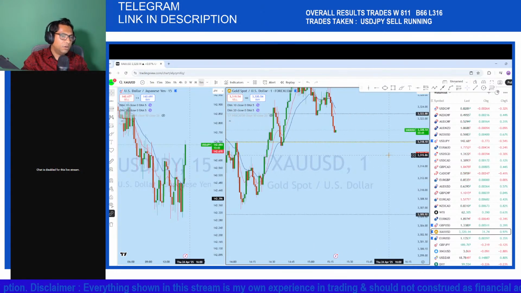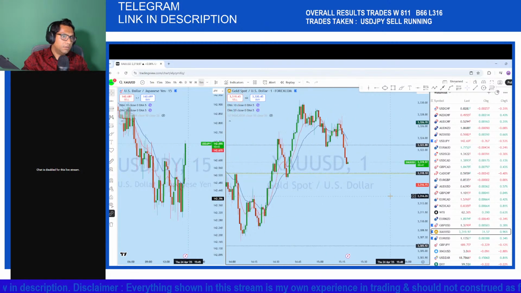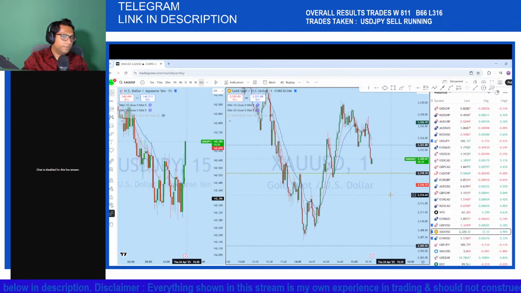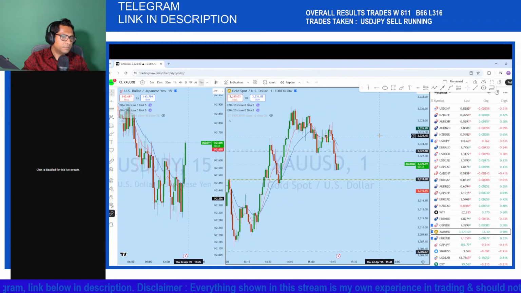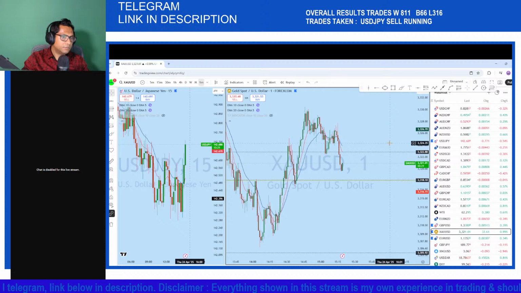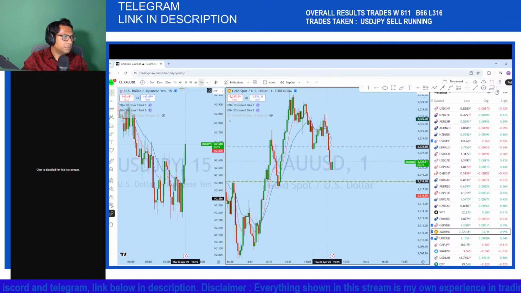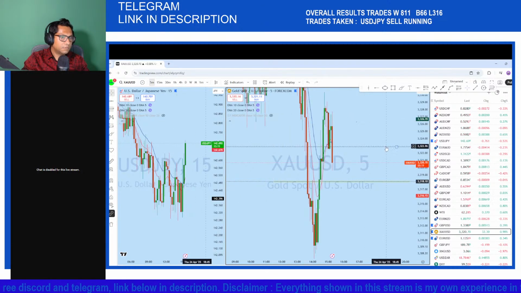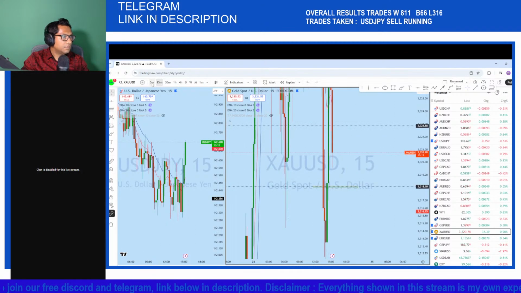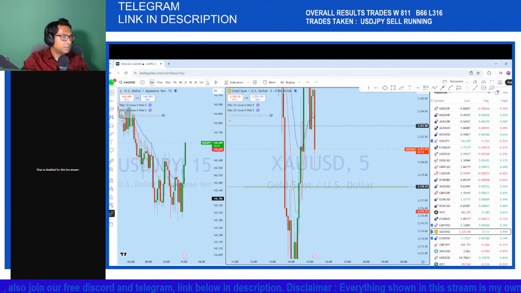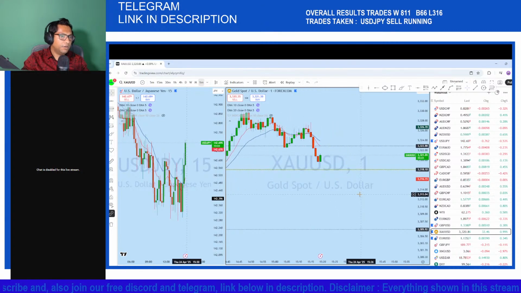So it might now trend to break any of this swing low. Complete breakup structure.